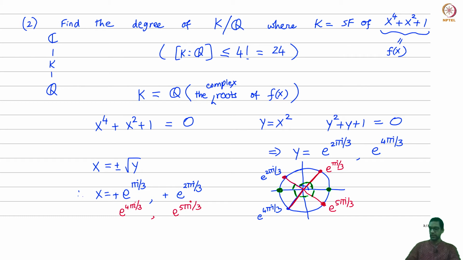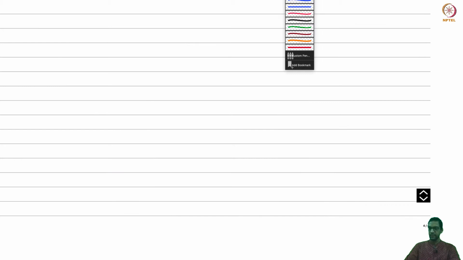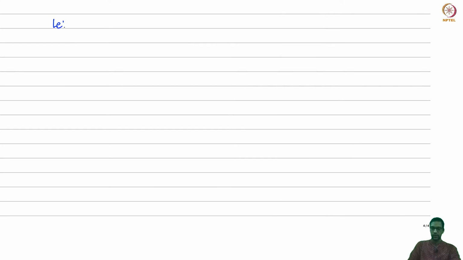Okay, so where are we? Let's give this a name. So I'll just call this very first root something. That is e to the pi i by 3, or the same as e to the 2 pi i by 6, which forms a 60-degree angle. So this is, let's call it eta.